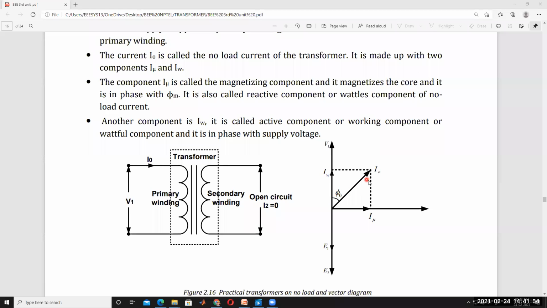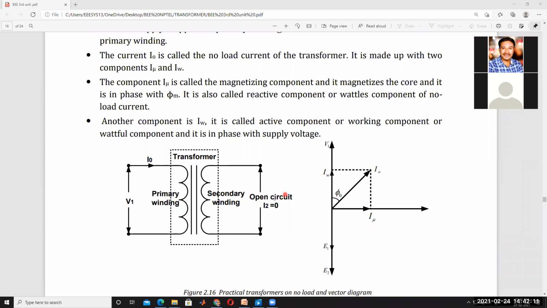Under no load condition, the transformer draws the current I naught. Under no load condition means open circuit condition. So under open circuit condition, the current I2 is equal to 0.